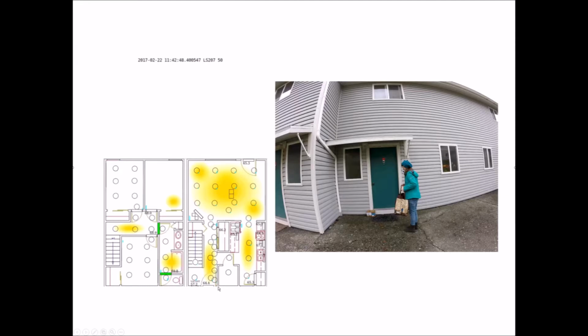The rectangles, which may be green or transparent, are door sensors, and the numbers are light sensors. So in the case of motion sensors, when movement is detected, they will turn red and become transparent when movement stops. Door sensors will turn green when the door opens and become transparent when it closes again, and numbers will change as the light levels change. We should see these changes at the same time that sensor messages appear up here in the upper left, and as the resident moves through the space.